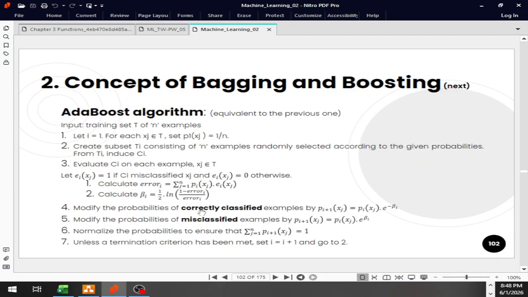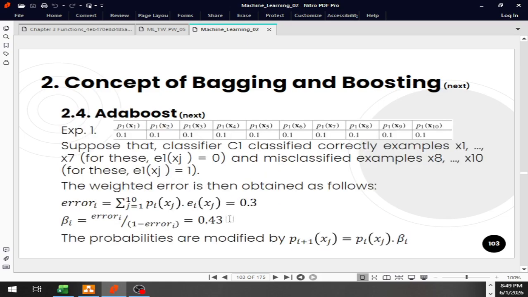Modify the probabilities of correctly classified. As you remember, the Adaboost or later the XGBoost, they try to deal with the misclassified by multiplying this 0.43 by the probabilities of these well classified.